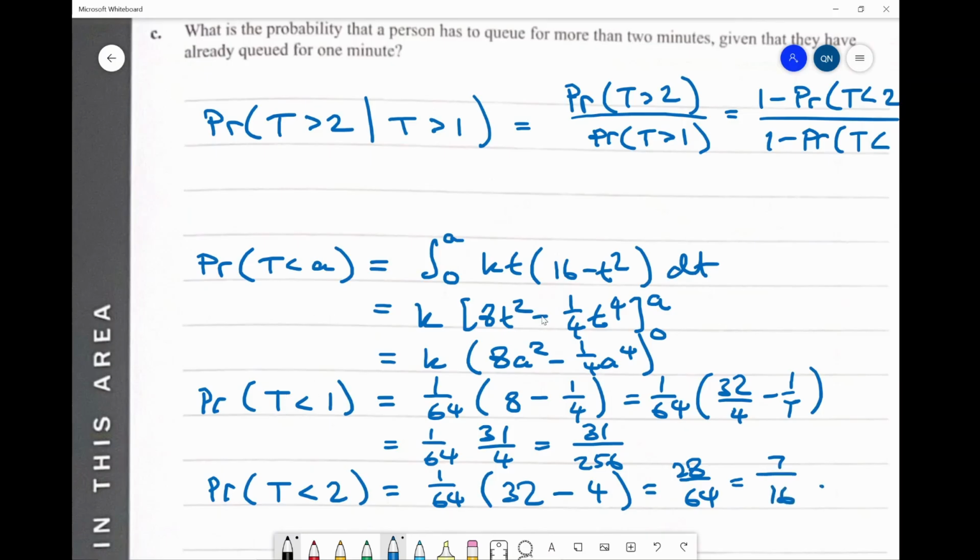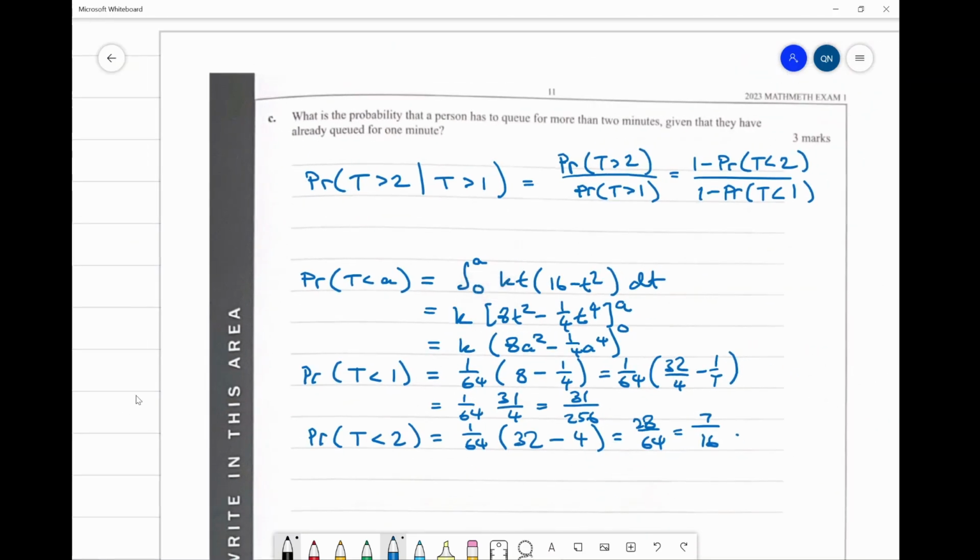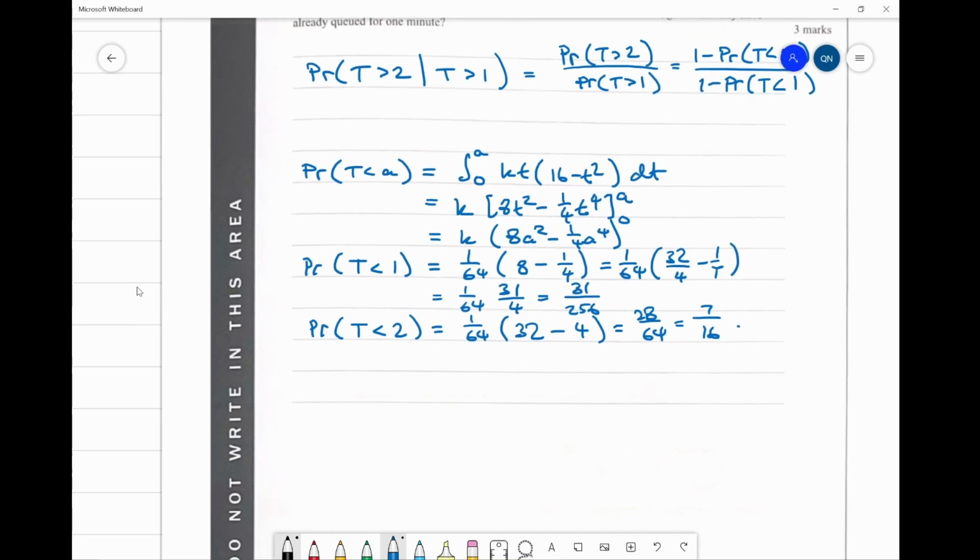Okay, so we got our values for the probabilities there, we just have to plug them back into the formula above. So the probability that t is greater than 2, given t is greater than 1, is equal to 1 minus the probability t is less than 2, which is 7 on 16, divided by 1 minus 31 over 256. So evaluating this, what do we get?